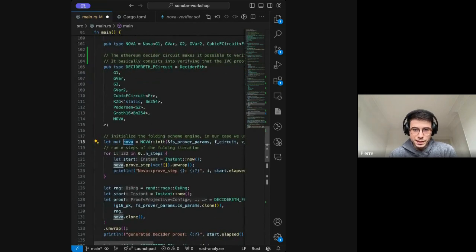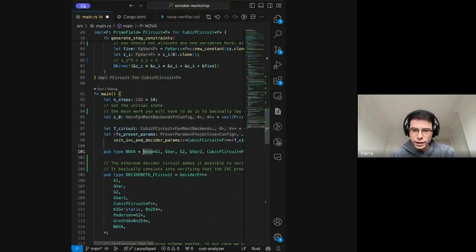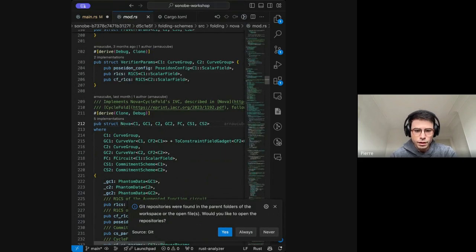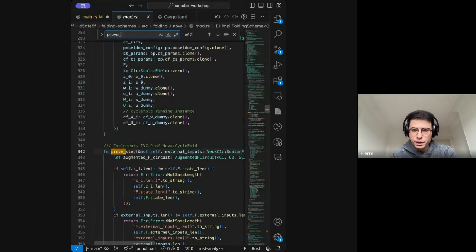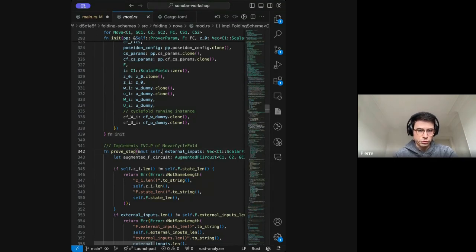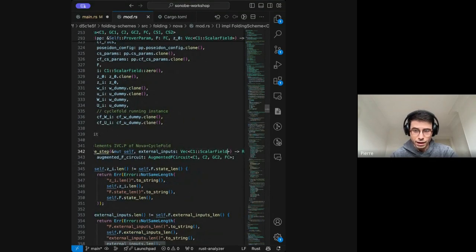So then you can basically just initialize Nova and run the IVC for a certain number of steps. If you have auxiliary inputs, that's where you are going to put them, as parameters to each of the proof steps. So if I go here and check the proof step, you can see that the external inputs are supposed to be scalar field values of the curve that you are running the IVC on.